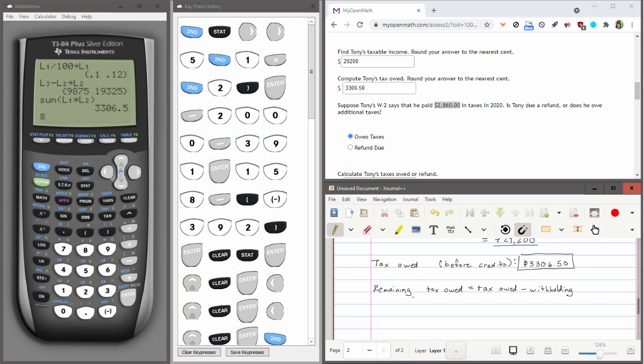So it's his $3,306.50 minus the $2,860 that's been withheld. He still owes. That means he has to write a check to the IRS for $446.50.